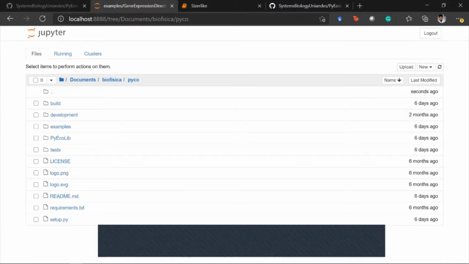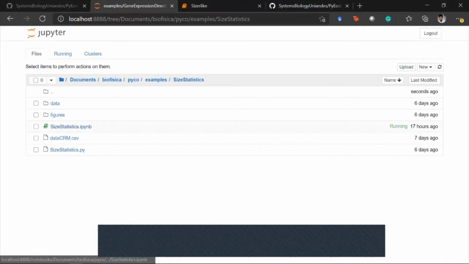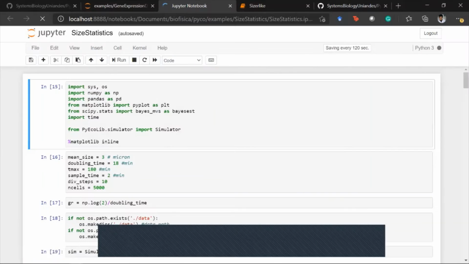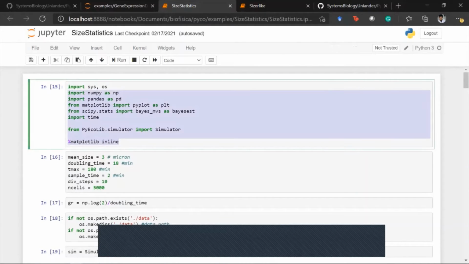You can find some examples in the folder examples, and let me show you how to implement this example. In the folder size statistics, you can find size statistic.ipynb, where you can find the libraries you're going to use.